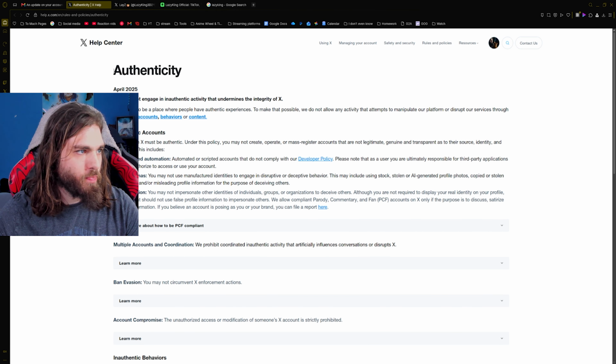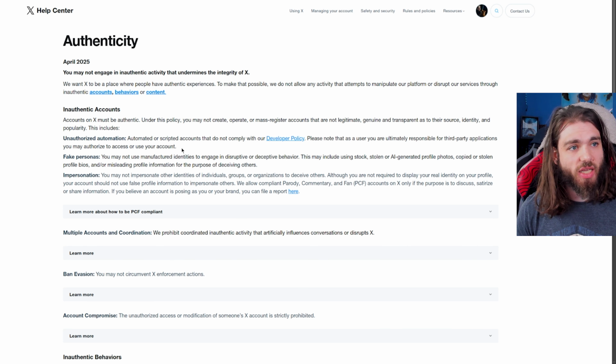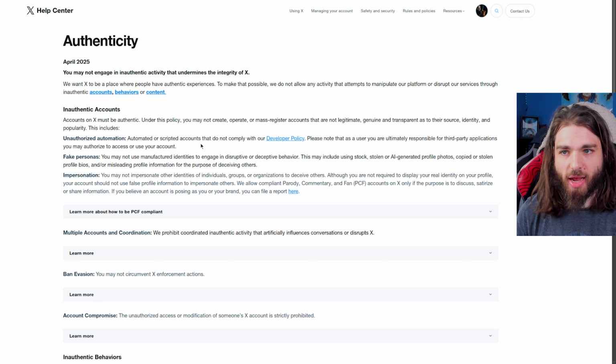This includes, here we go, inauthentic automation: automated or scripted accounts that do not comply with our development policies. Please note that as a user, you are ultimately responsible for third-party applications you may authorize to access or use your account. Now, as far as I know, I don't have any of those things linked to my account. Anyway, so we're gonna assume that that's not the reason, right?